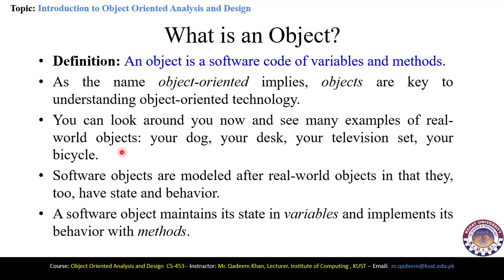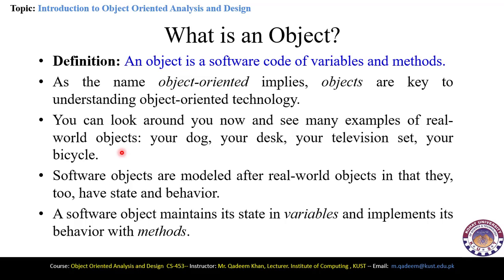For example, if we are going to develop the online buying and selling systems, then the customer is one of the objects. Similarly, a product is an example of another object.